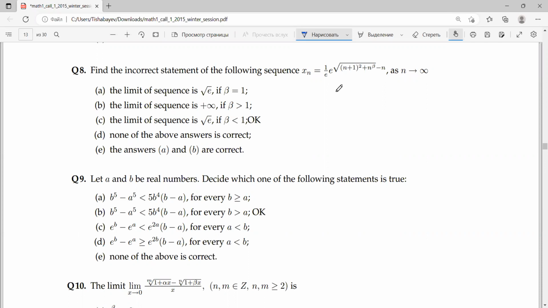So beta is a parameter here. Define with respect to beta. So what should we do firstly?